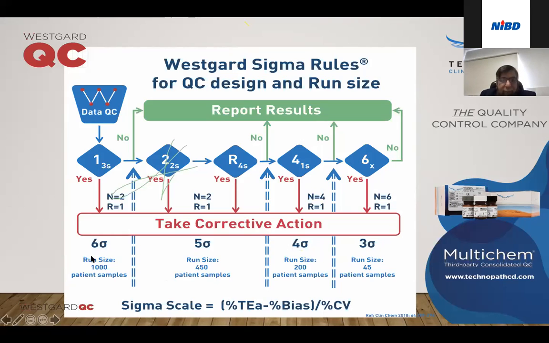6 sigma labs are usually those in which the sample size is 1000 per day. I cannot go into details of this because it is out of the purview of today's talk, but we can have a separate talk on Westgard Sigma rules. But I tell you, this is very, very important.